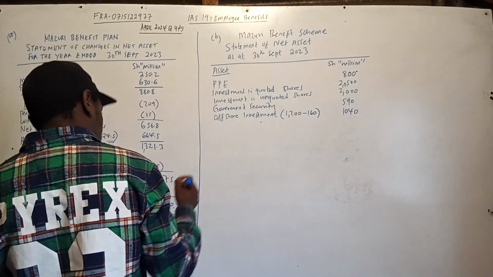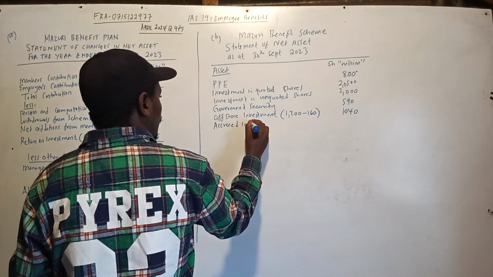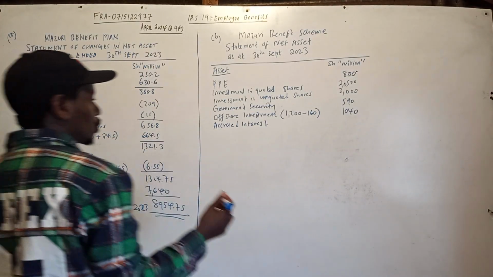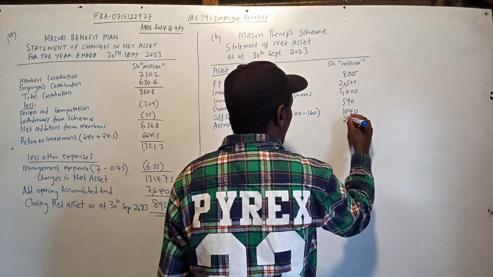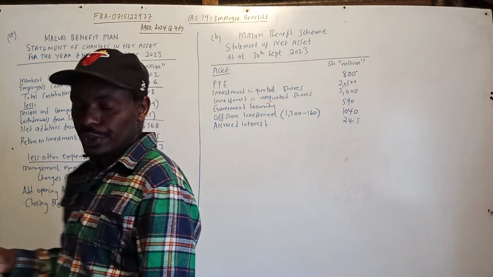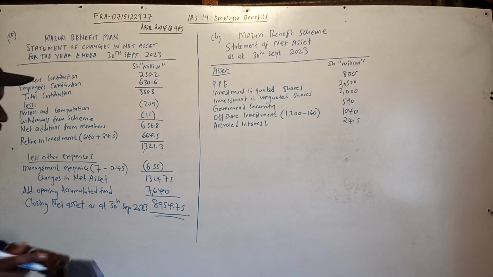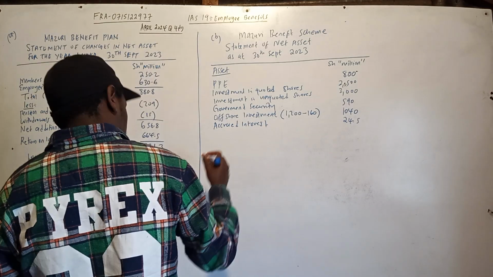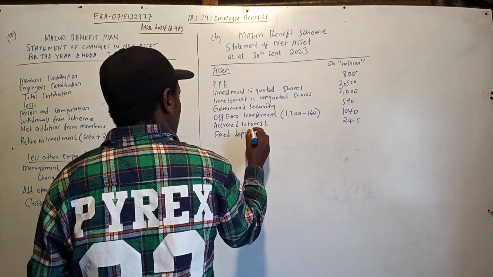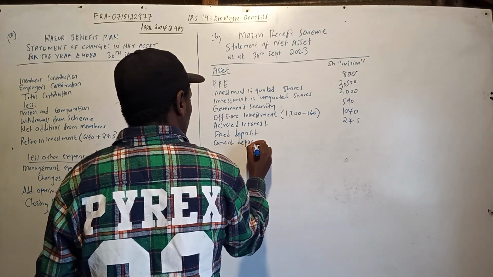Then we have the accrued interest of 24.5. It was an accrued income, so accrued interest income is an asset. Then you have fixed deposit and current deposit as assets.